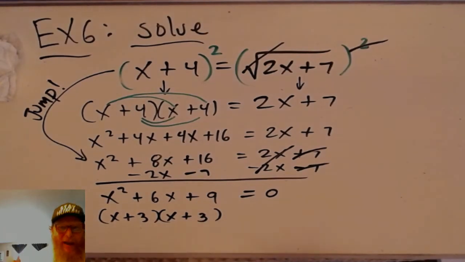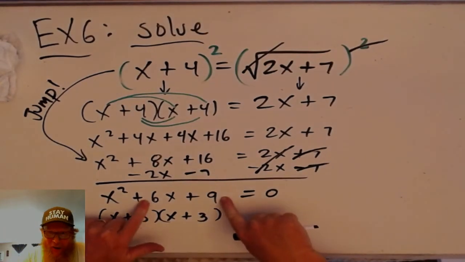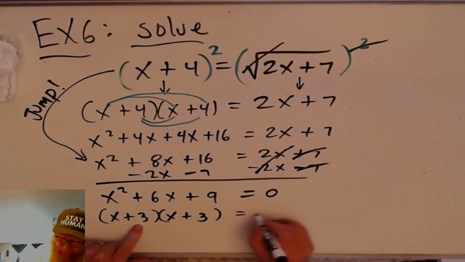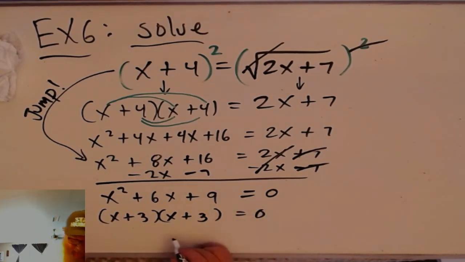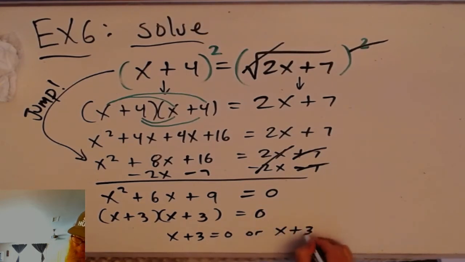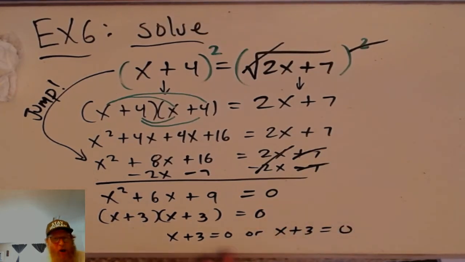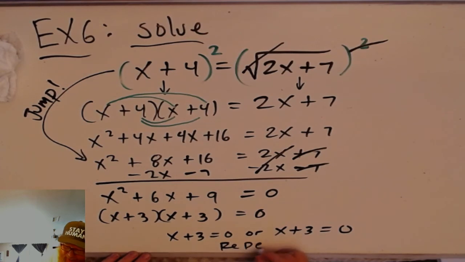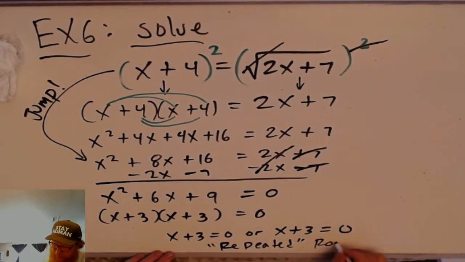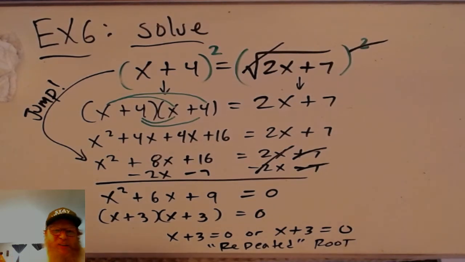The only way to factor a 9 so that it also equals 6 is 3 times 3. There's only one way. This means you're only going to have one candidate. This is what we call a repeated root or a repeated solution.